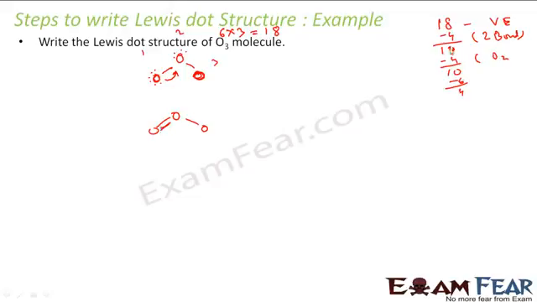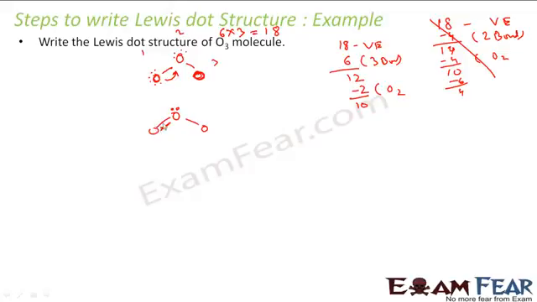Let's start from scratch once again. We start with 18 valence electrons. We use 6 electrons for 3 bonds, so we have 12 electrons. Let's make the central atom happy. The central one is oxygen 2. It has 6 now and needs 2 more, so minus 2. Let's make oxygen 1 happy.